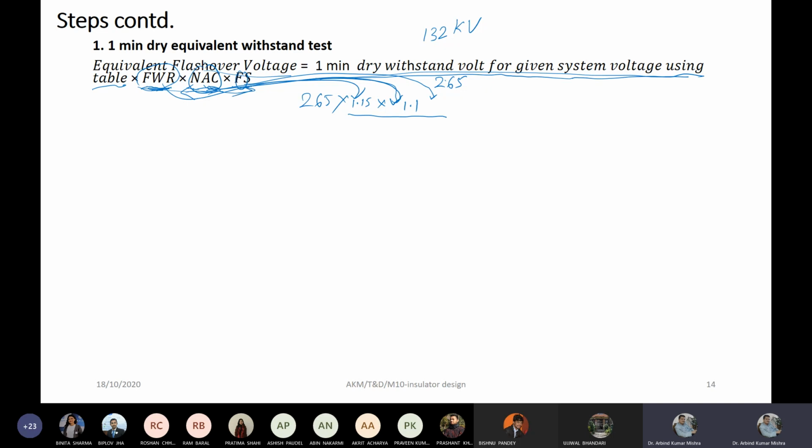In a true design case, this atmospheric factor has to be computed depending on temperature and pressure, but here you will be given one value.